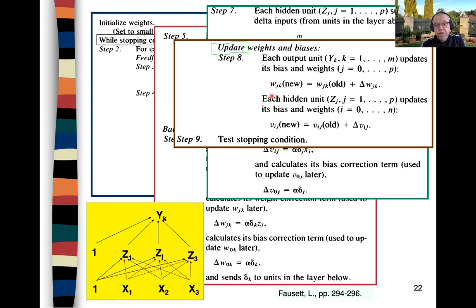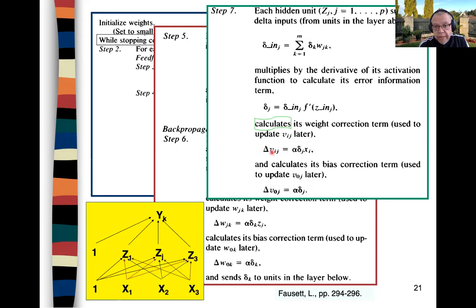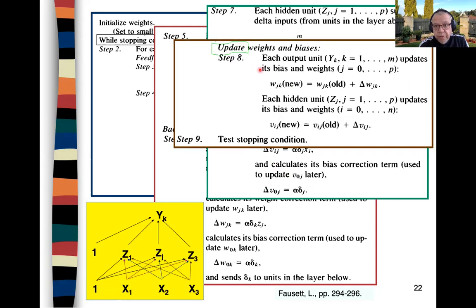Now, once we finished with the deltas and the backpropagation of the deltas, we update the weights and the biases. So each output unit yk, 1 to m, updates its bias and weights, from 0 to p, using this formula.